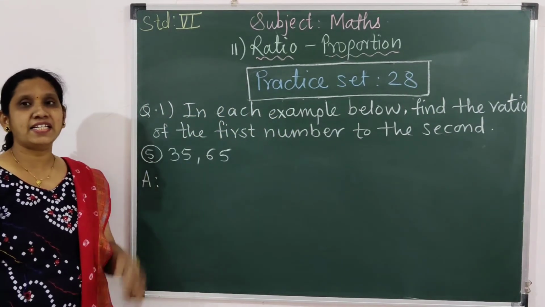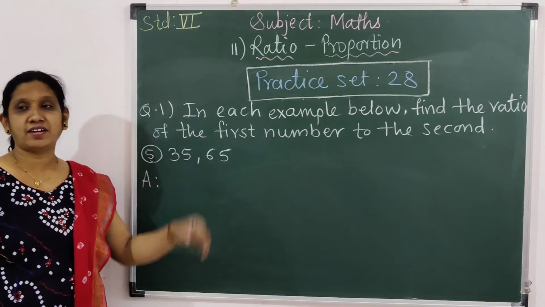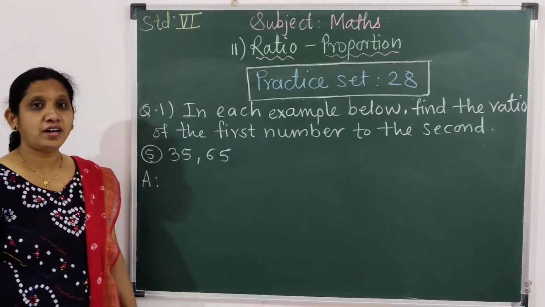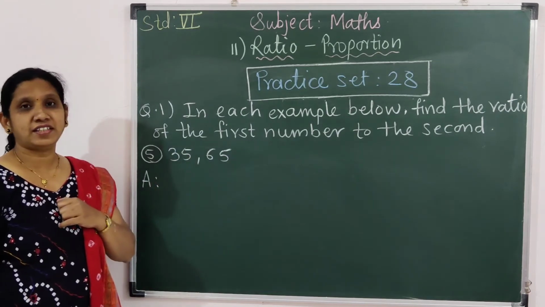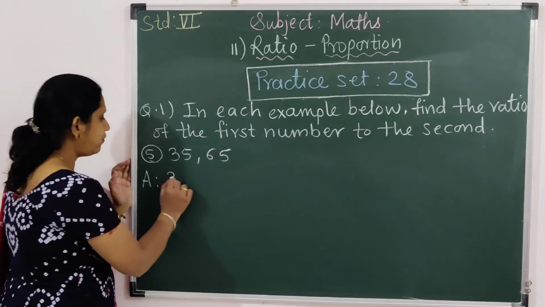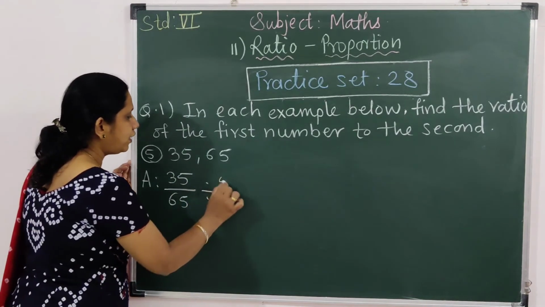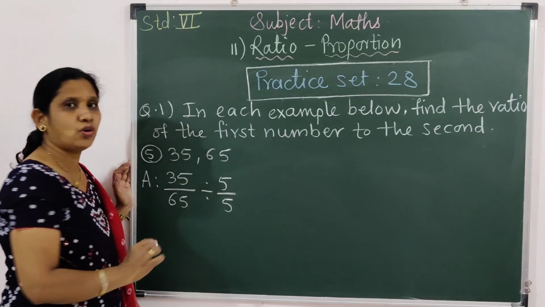Student, let's see example number 5. Numbers are 35 and 65. So here on both the numbers unit place digits are 5. So they are divisible by 5. 35 upon 65. Divide it by 5 upon 5. Okay.